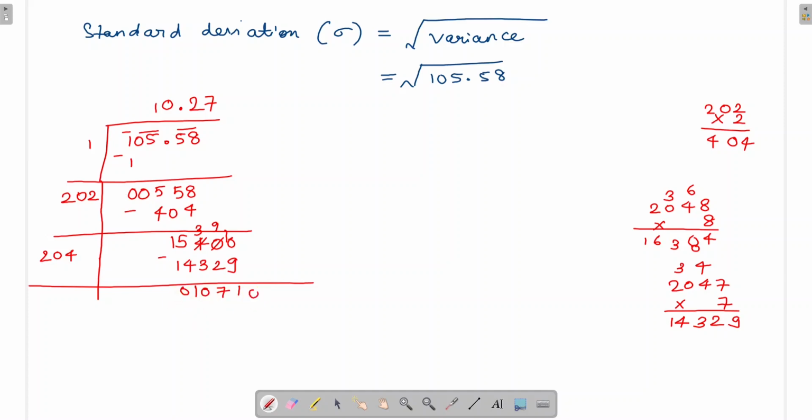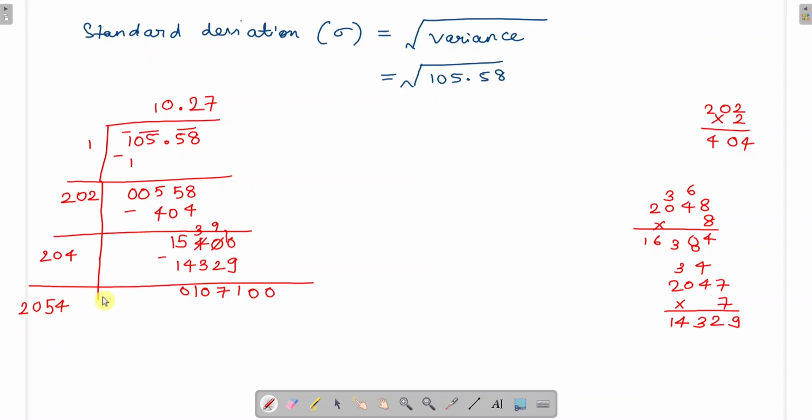Okay, so again 2 zeros you have to take, this you have to double, so that will be 14 and 5, right, 0 and 2, right.